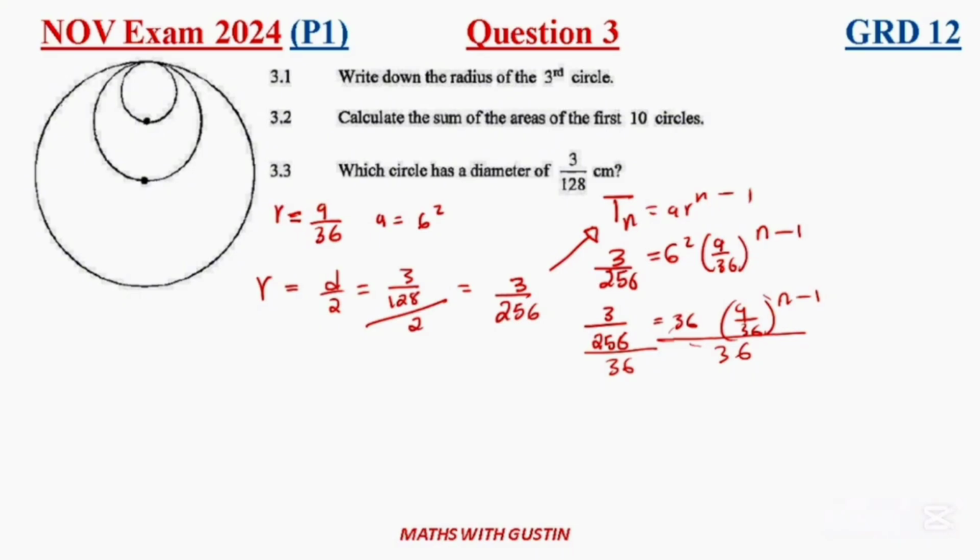Okay, this one and this one goes out, so we're going to be left with 3 over 256 multiplied by 1 over 36 in this case here. And this side we're going to have (9 over 36) to the power of n minus 1. This is looking a bit messy. I'm not sure if I did the right thing.